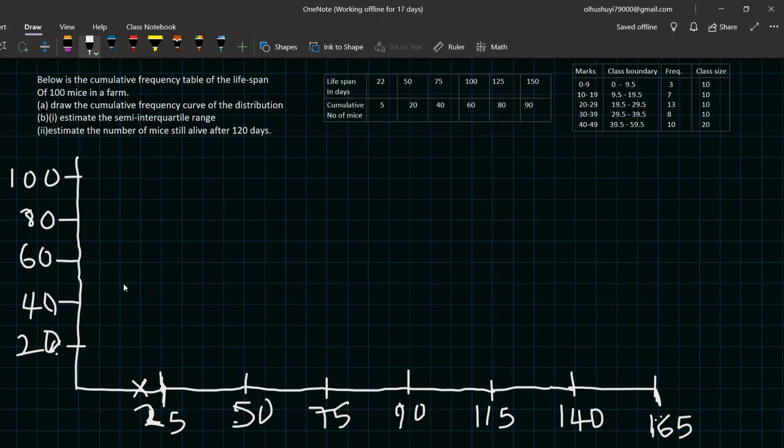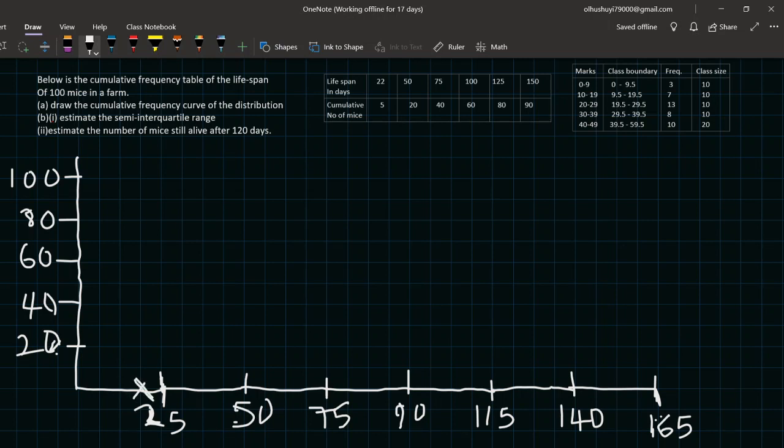Okay, there's an error here. Let's be very careful. 22 as a lifespan, this is the lifespan. Then 5 as the cumulative frequency. It will fall here. So I think that is still correct.